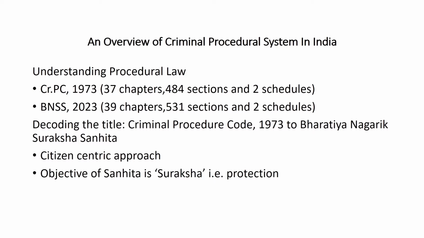Now, in the year 2023, that law has also been removed, and now we have a new procedural law, which is the Bharatiya Nagarik Suraksha Sanhita 2023, which is enforced from 1st of July 2024. Now, this new Sanhita consists of 39 chapters, 531 sections, and has 2 schedules appended to it.